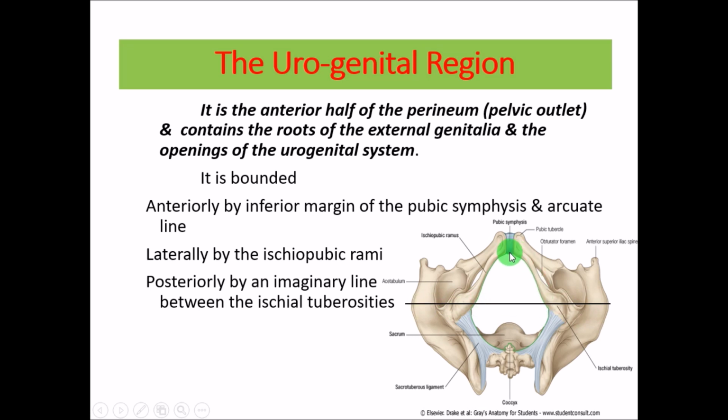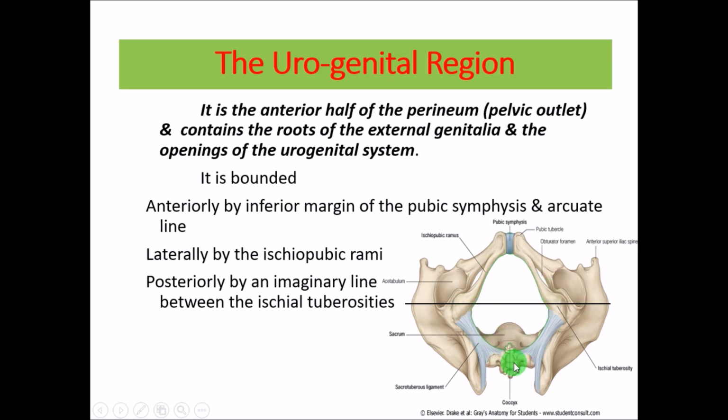So anteriorly we have the inferior margin of the pubic symphysis as well as the arcuate line, then the ischiopubic rami on either side, and posteriorly an imaginary line drawn from one ischial tuberosity to the other. This triangle is called the urogenital triangle, or also the urogenital region.